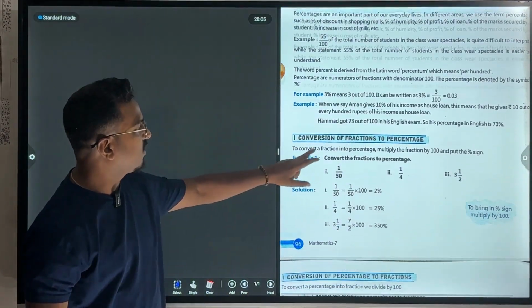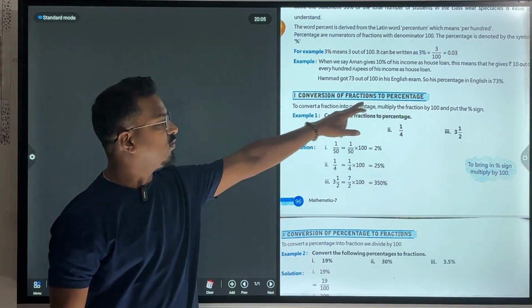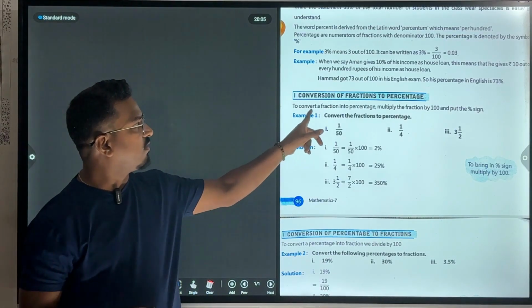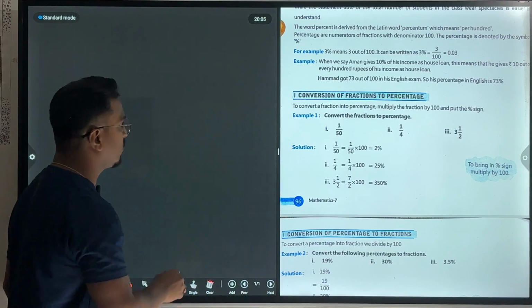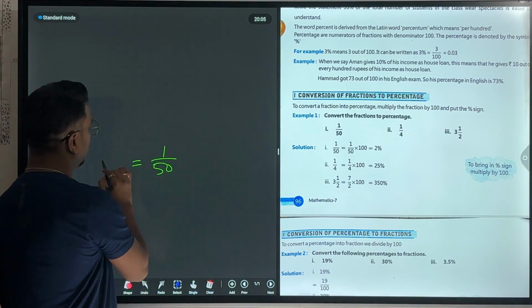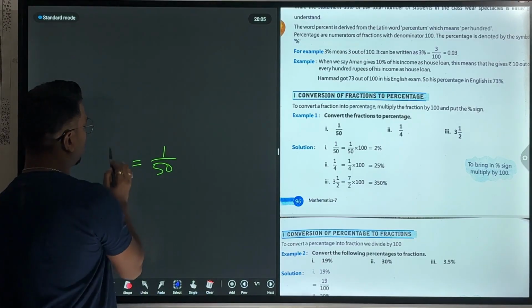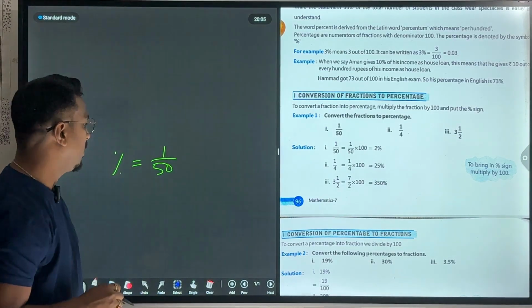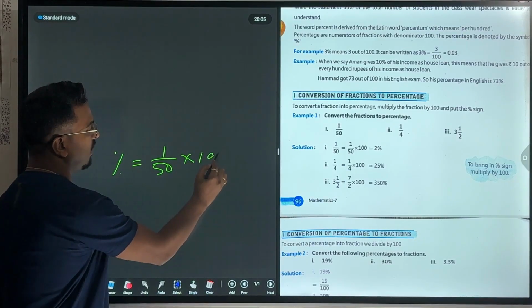Here you see conversion of fraction to percentage. How to convert fraction to percentage? Suppose the fraction given is 1 by 50. When you want to convert into percentage, you have to multiply with 100.